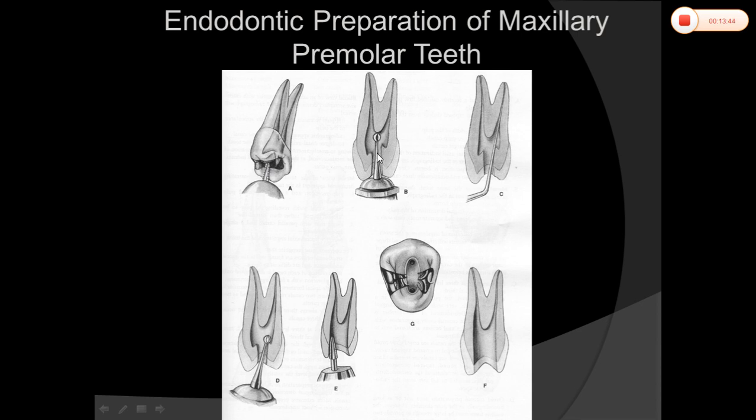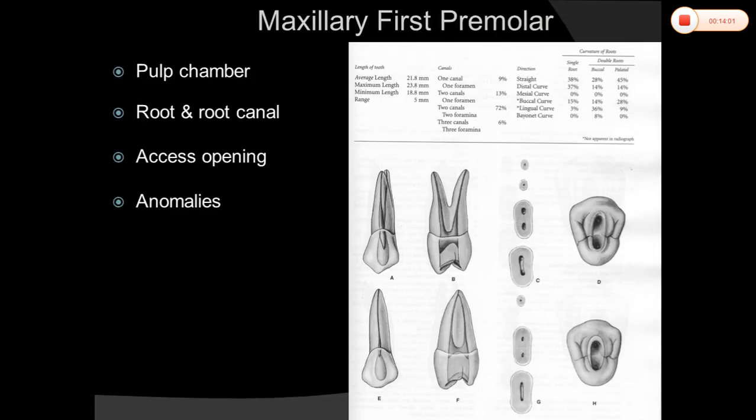After getting the bur drop, remove the pulp chamber roof properly and use an endodontic explorer to negotiate the canal. After deroofing completely, you get a straight line access and confirm it by placing endodontic files or instruments.